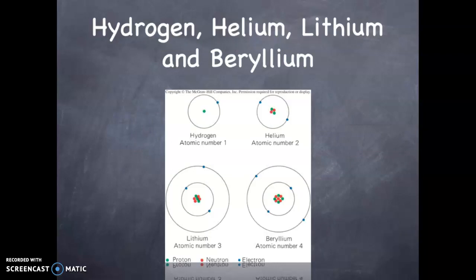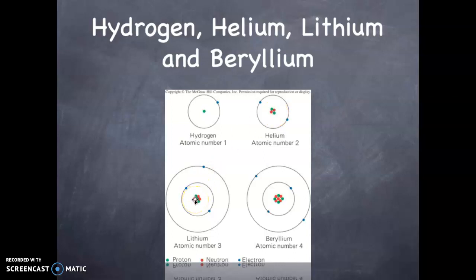Now the notion of helium, hydrogen, lithium, and beryllium. The Rutherford model of the hydrogen atom: the nucleus is there with one electron. Helium there with 2 protons and 2 electrons. There are some neutrons also.